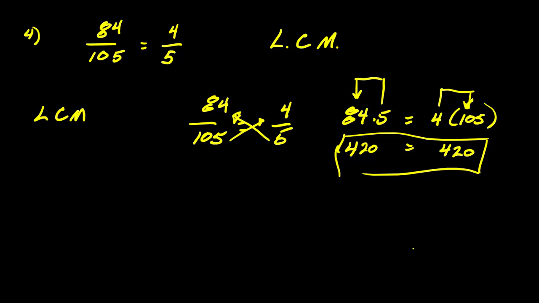And now we'll go back and we want to add. Let me go ahead and do this, get a new page, give myself some room. 5 over 84 plus 8 over 105.